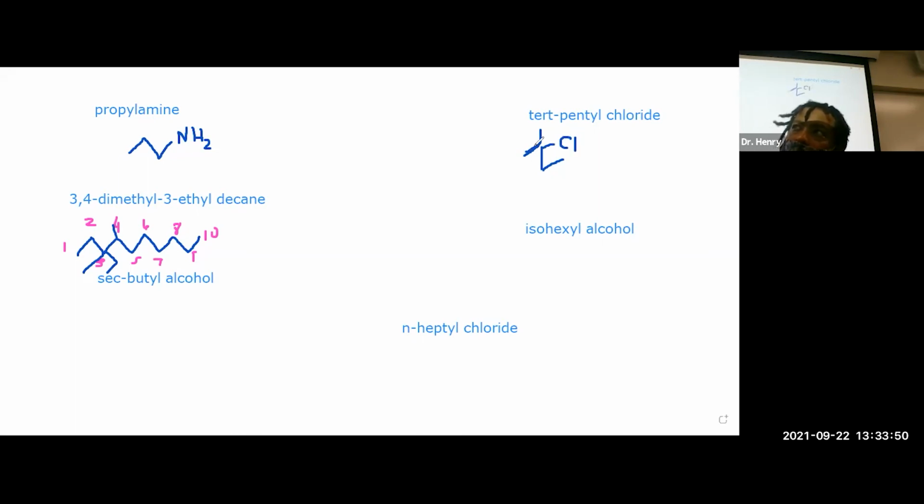Any different? 1, 2, 3. Second carbon, 1, 2, 3, 4, 5. Okay. 2, 3, 4. Tert. 1, 2, 3, 4.